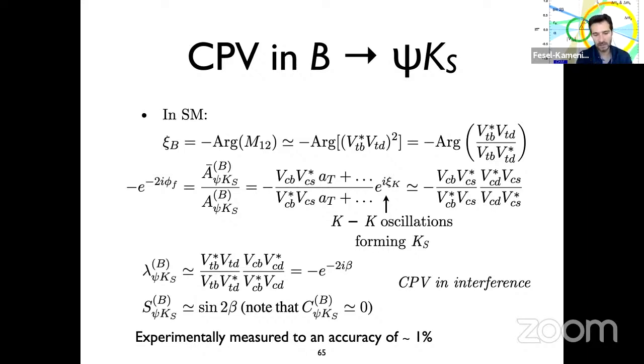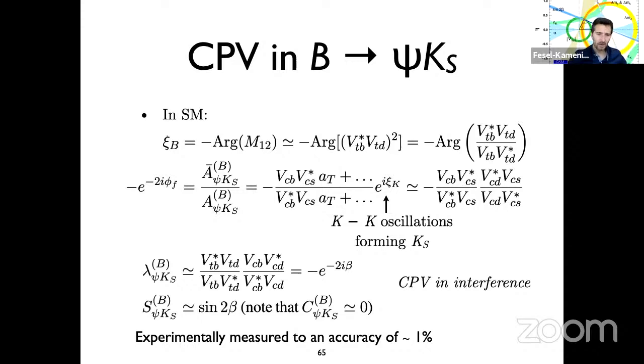And then translated to the observable, this is the prefactor of the sine of delta m t time dependence of the time dependent CP asymmetry in B naught decaying to J psi K short, which is then given by sine of 2 beta of this angle, okay, which is what we had in our discussion of the constraints on the CKM triangle in the beginning of this lecture.